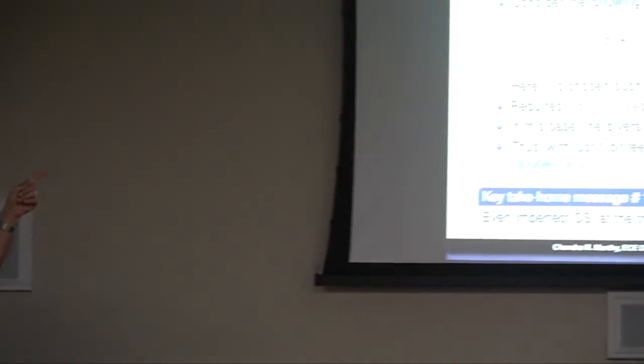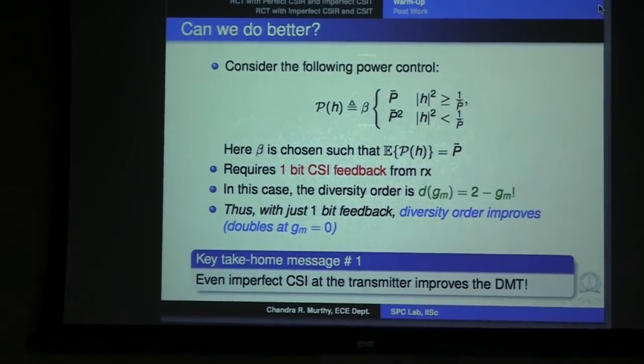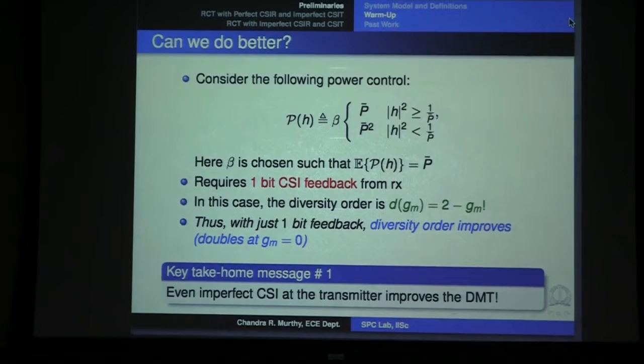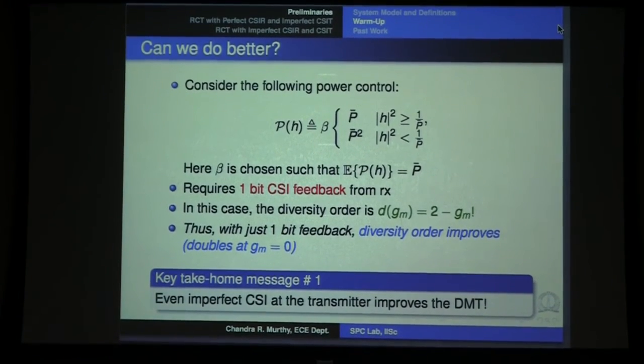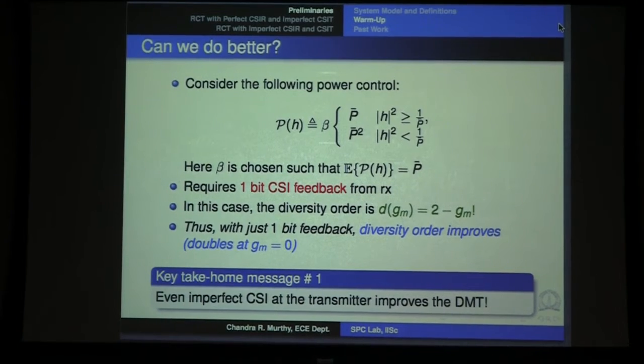And so this is trying to transmit at a higher power level for bad channels. But another very important thing about this power control scheme is the threshold of 1 over P bar. That threshold at which you decide that the channel is in a bad state is something that's going to 0. And we'll see that all the power control schemes that we propose in this work are going to have this quality to it.